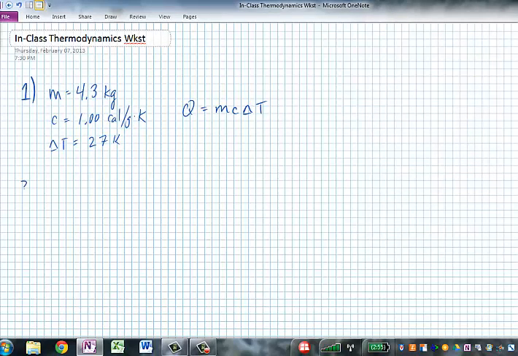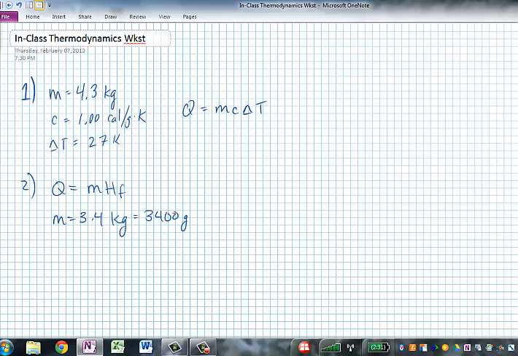Number two, how many calories would it take to melt 3.4 kilograms of ice? And it says at 273 Kelvin. So that's suggesting that the ice is already at the melting point. All we have to do is melt it. So m Hf, mass 3.4 kilograms, which we of course have to convert to 3,400 grams.